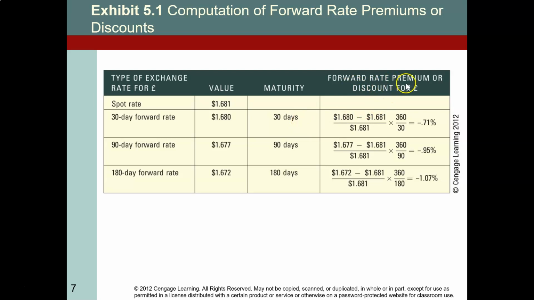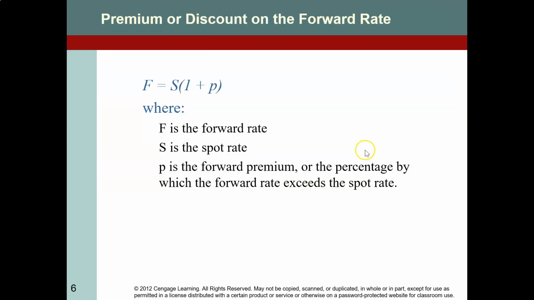The forward rate premium or discount would be the forward rate minus the spot rate divided by the spot rate, because we already know that forward rate equals spot rate multiplied by 1 plus forward premium or forward discount.